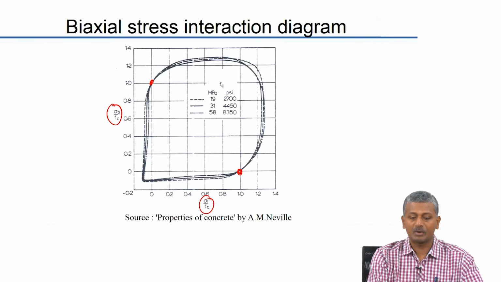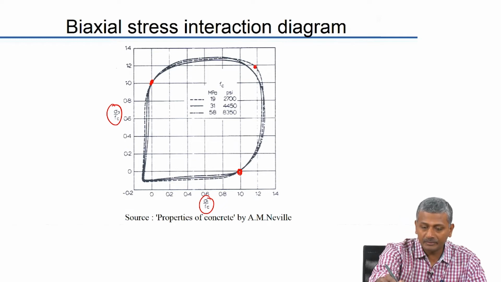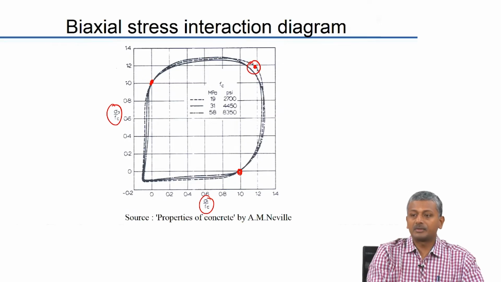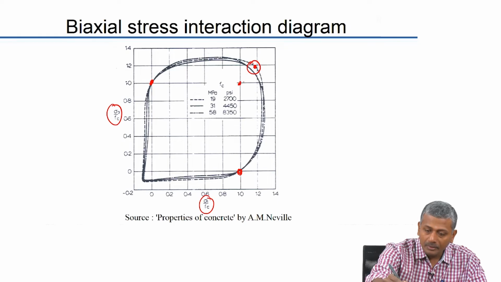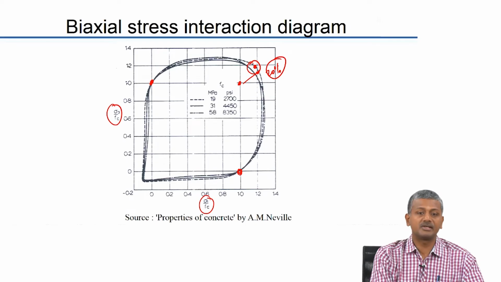You are somewhere in this range here. That means when you have equal biaxial compressive stress on two orthogonal faces, you actually have a strength increment of nearly 20%.